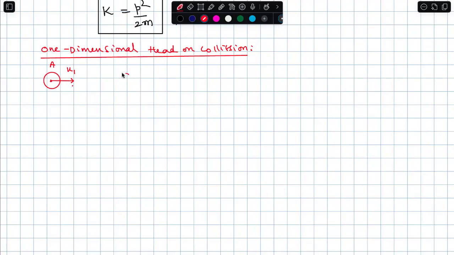And let this be another object which is moving with velocity u2. The name of this is B. Suppose u1 is greater than u2. What happens? A will reach B. A collides with B.